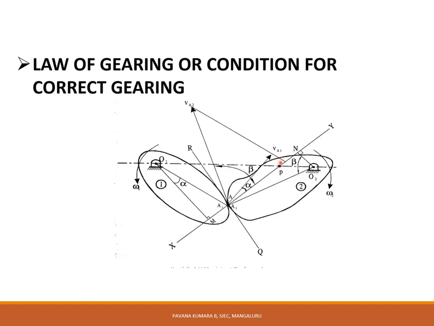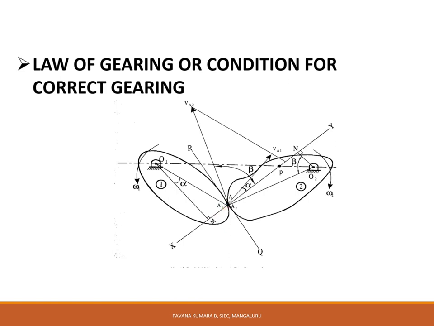That point is called capital P. So the common normal intersects the line joining the centers of rotation 1 and 2 at P. Next, let O2N be the line perpendicular to the common normal line, and one more line, O1M, is also perpendicular to the common normal line.